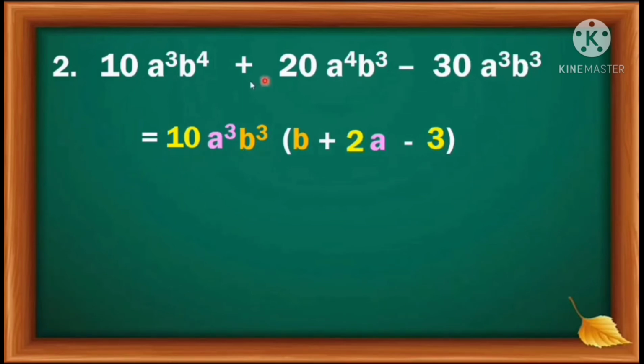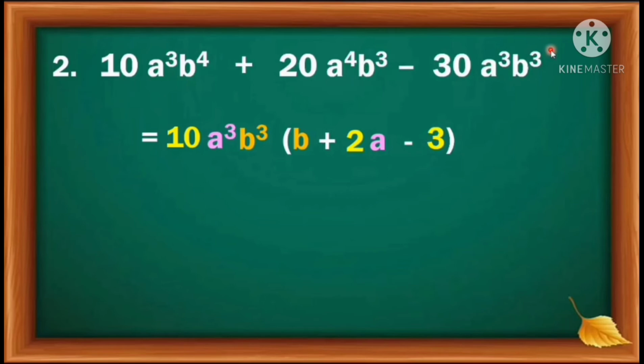And this one here, 10A cubed B cubed times the quantity B plus 2A minus 3 are the factors of the polynomial 10A cubed B raised to 4 plus 20A raised to 4 B cubed minus 30A cubed B cubed.